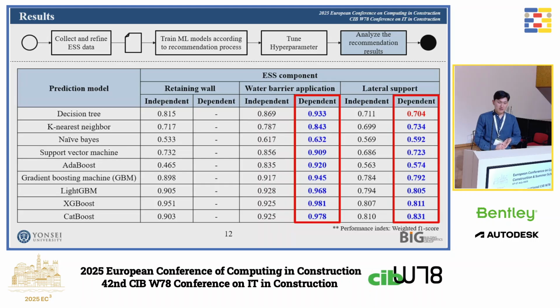Overall, the dependent recommendation process consistently outperformed the independent recommendation process across all experiments except one case. We observed a performance improvement of approximately 2 to 10% when using the dependent process.